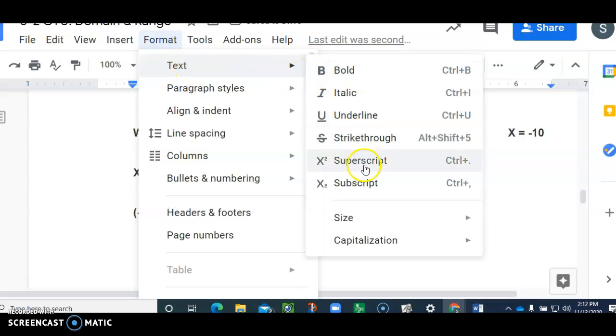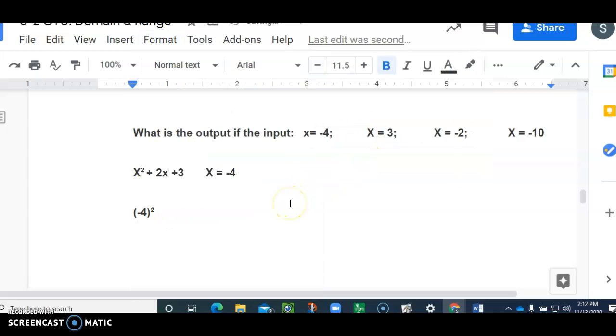That will be plus 2x, and x is negative 4, so plus 2 times negative 4, close parenthesis, and plus 3. Now you will solve this.